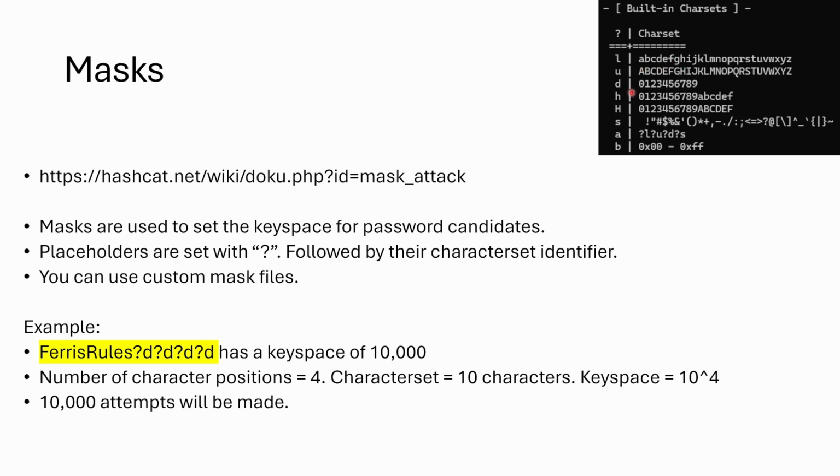There's 10 characters. So our key space is 10 raised to the power 4, and that's 10,000. So just like a keypad. And if you add a mask to a word list, you just multiply whatever formula you got by the number of entries in that word list.